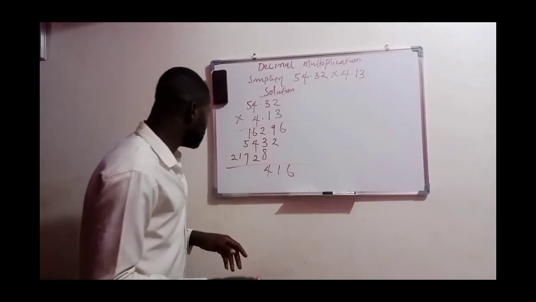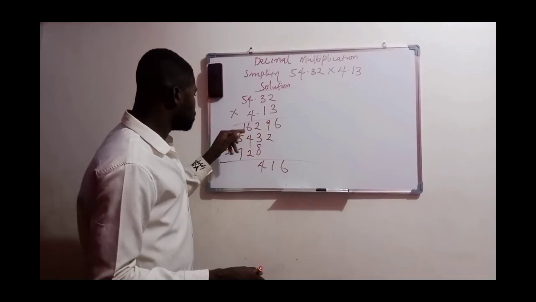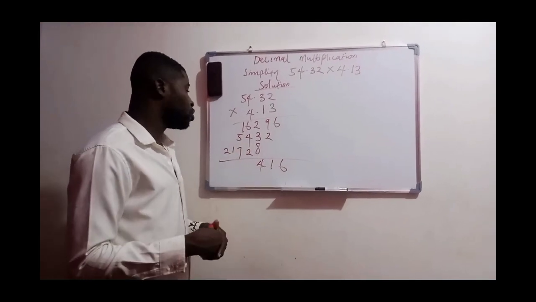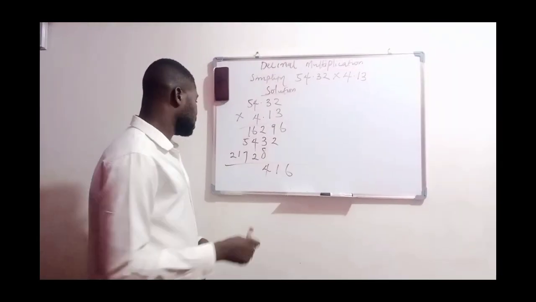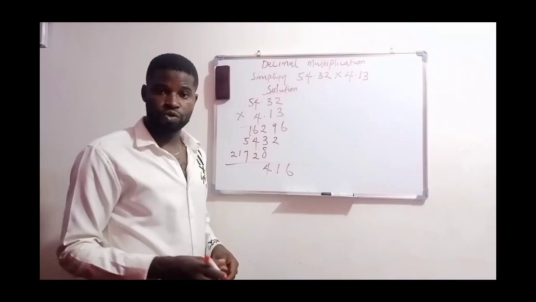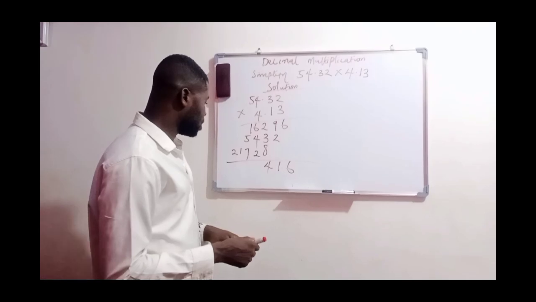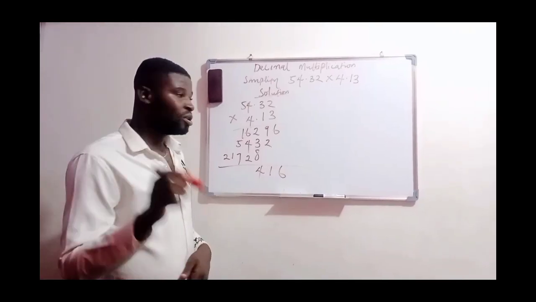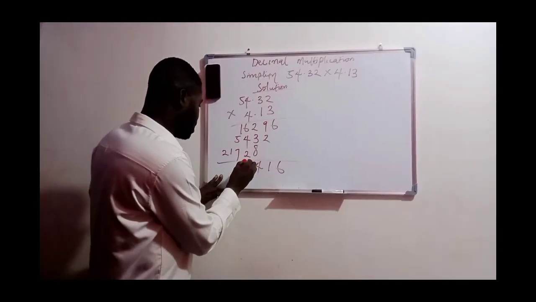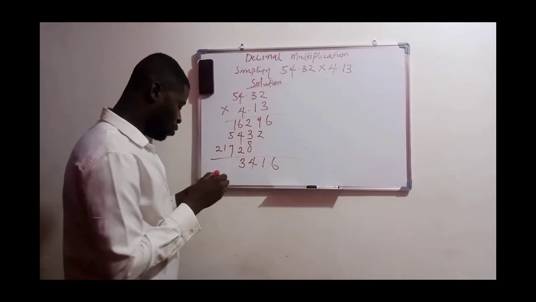Now you come over to this side and say 6 plus 4 is equal to 10. 10 plus 2 is equal to 12 plus the remainder 1. The totality now will be equal to 13. You write 3, remainder 1.